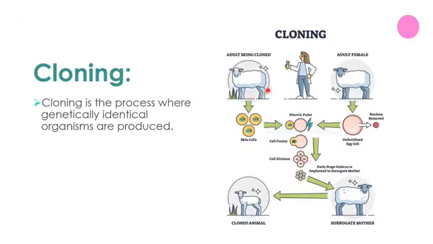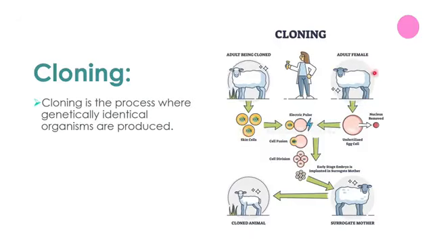Maybe the wool quality is brilliant, so we want a lot of sheep with that specific characteristic. So I will take cells from that sheep, not its egg cells. We will take, for instance, skin cells, because in the nucleus of that skin cell is the characteristic that I as a farmer want to have in my next generation.